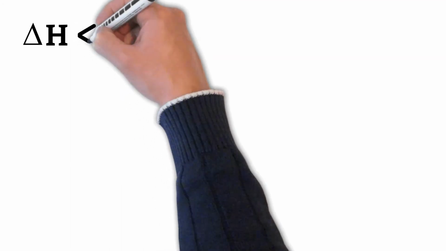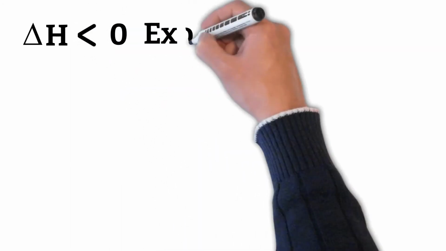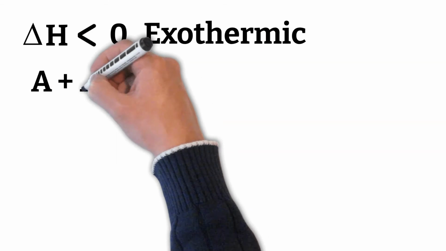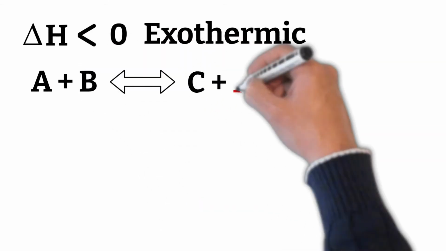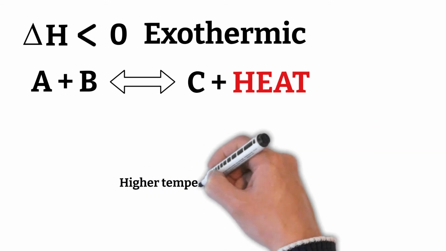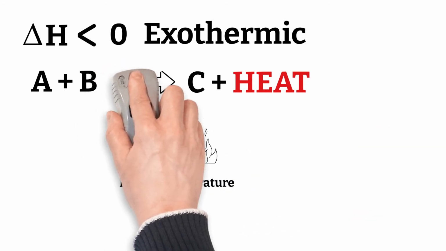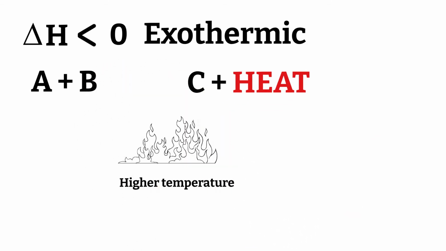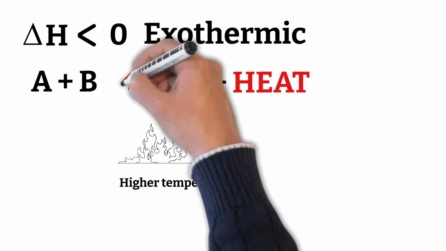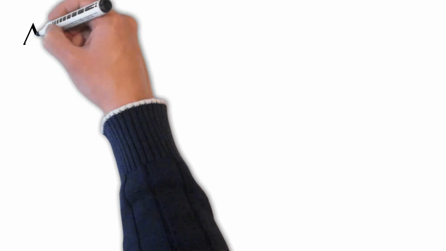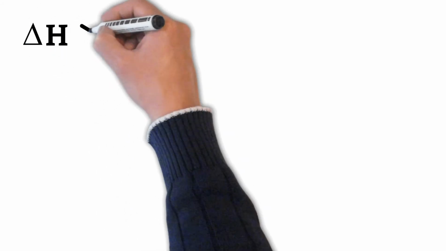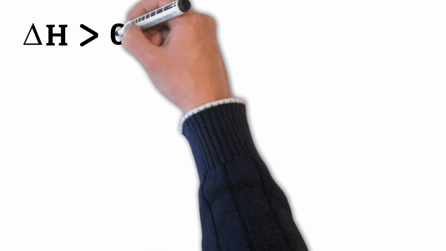If delta H is negative, the reaction is exothermic and releases energy, so we could think of heat energy as a product of this reaction. If we increase the temperature of the system, that means more heat, so equilibrium will shift to the left to use up some excess heat. If instead it's positive, that means it's endothermic and energy must be absorbed for the reaction to go.